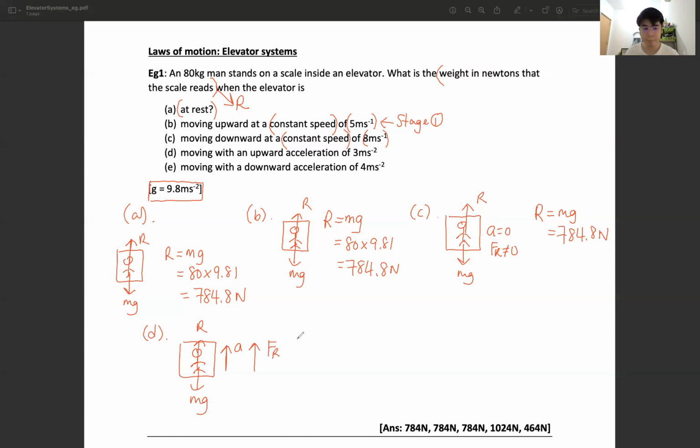If resultant force is up, R is bigger than mg. So we put it into F equals ma: R minus mg equals ma, and then R equals ma plus mg.